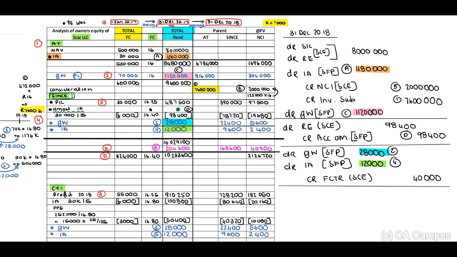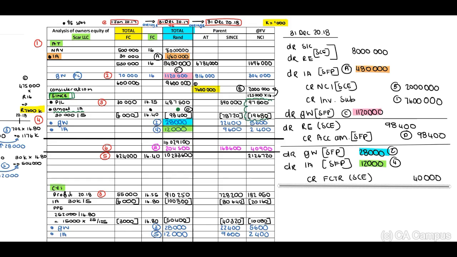We need to allocate the profit, or the retained earnings, to our NCI. Therefore, when you look at the since period, you will identify that the total of our retained earnings will be 97,500. I'm right, yeah.